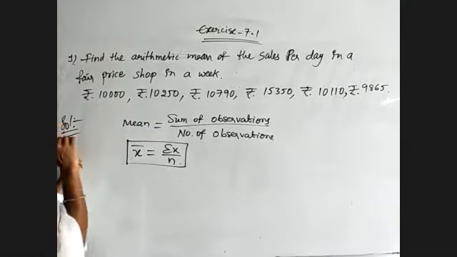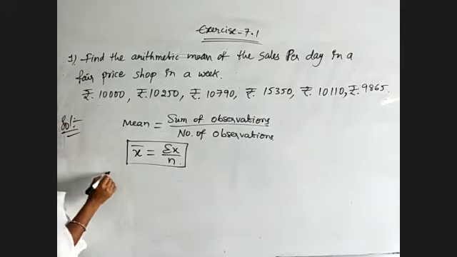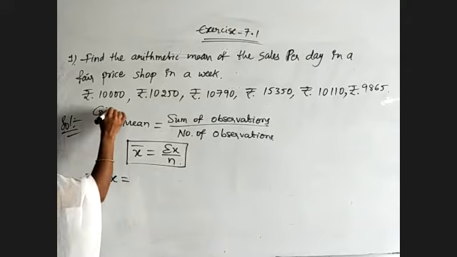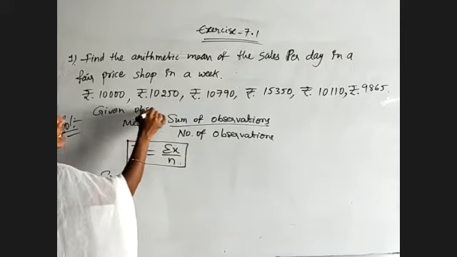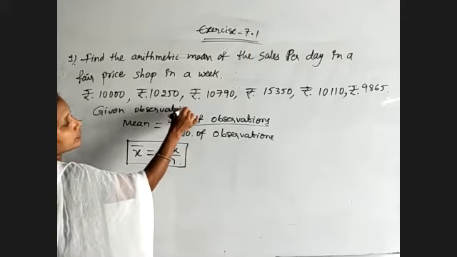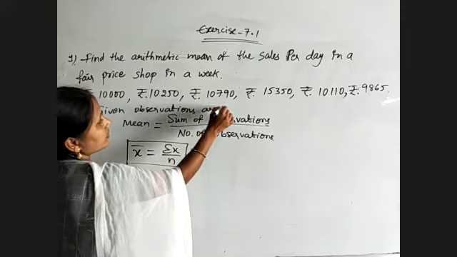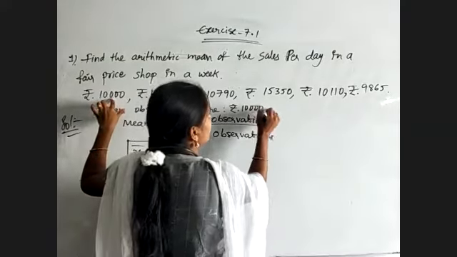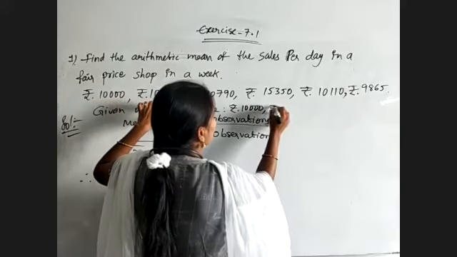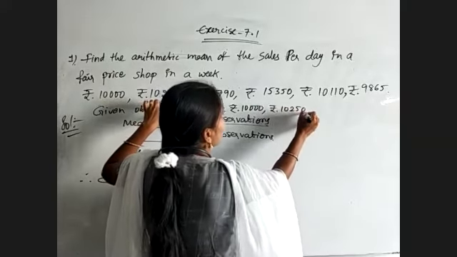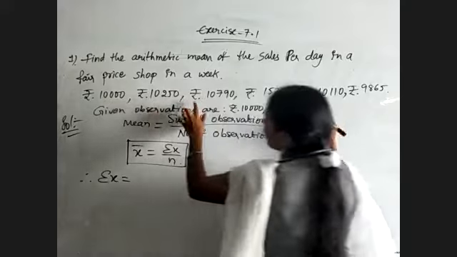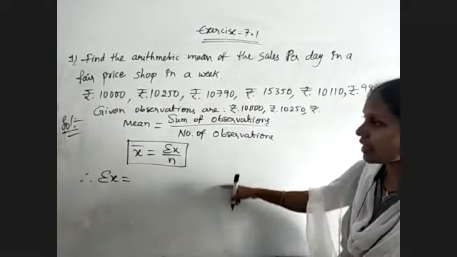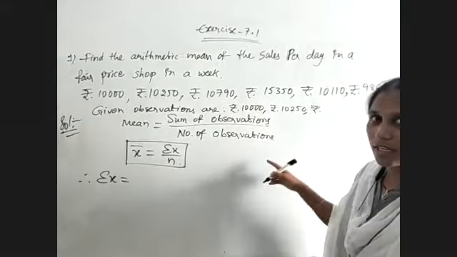Okay. So now here the sum of the observations, that is sigma x, will be equal to, what are the given observations? First note, the given observations are 10,000 rupees, 10,250 rupees. So all these are prices. That means here we are getting the unit as rupees, and after calculating the average also, it is for price only.